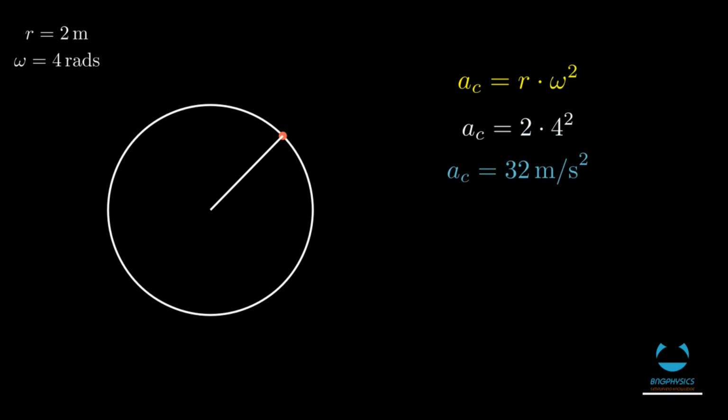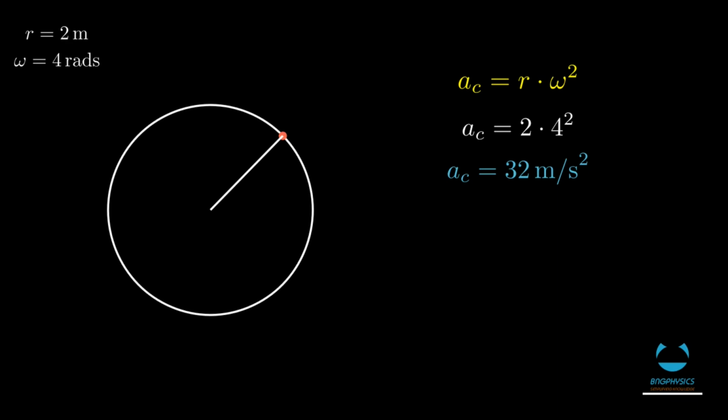As long as we have the radius and the angular speed omega, we can use the second equation to find the centripetal acceleration, which equals radius times omega squared, and it is equal to 32 meters per second squared, because the measurement unit of acceleration is meter per second squared.